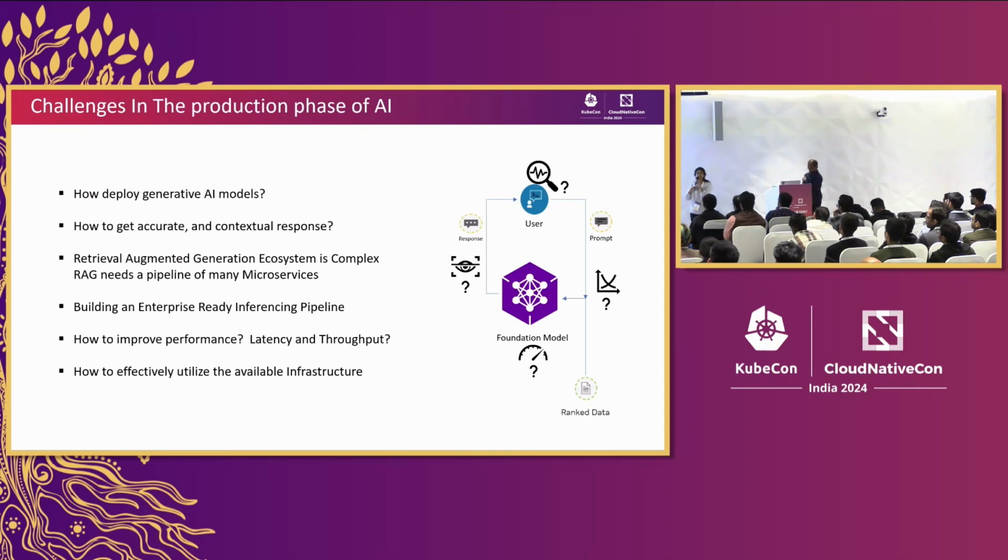Let's say I'm an enterprise and I want to host a chatbot which serves my own custom business needs, and I have my own data that I want to train the chatbot on. I don't want to go to a generative AI service or Google Gemini and say, this is my data, please train it for my use case. That defeats the purpose of the proprietary nature of my data. So one is security of data.